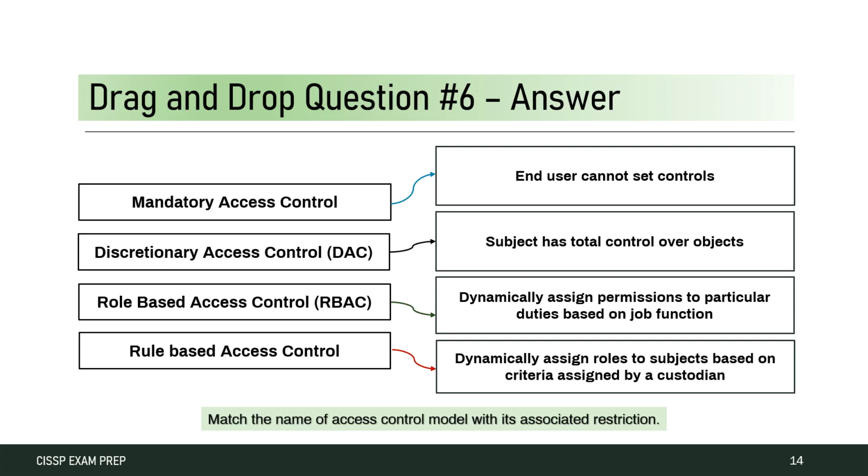Role-based is normally about dynamically assigned roles to subject based on criteria assigned by a custodian. Like, for example, when you have the role-based access control set on your firewall. So this is the correct match, the answer to the question.